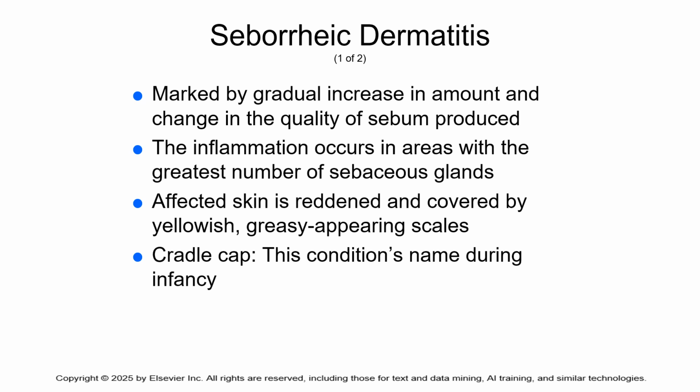Basically, the irritation is usually what brings a patient in. They'll have a gradual increase in the sebum produced. They get inflamed, the skin turns red, and then they develop a yellowish, greasy looking scale. And again, we could see this in cradle cap, usually in early infancy as well.